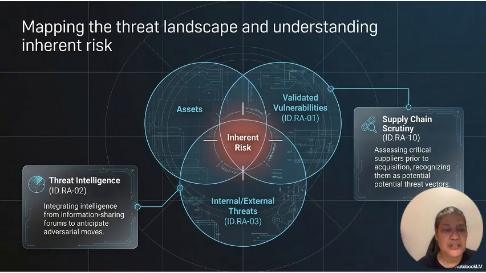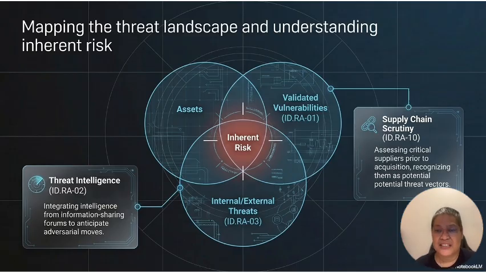We get information from the Center for Information Security, right? There are many information sharing forums, right? So those are considered external threats, right? So the center then becomes what we call our inherent risk.